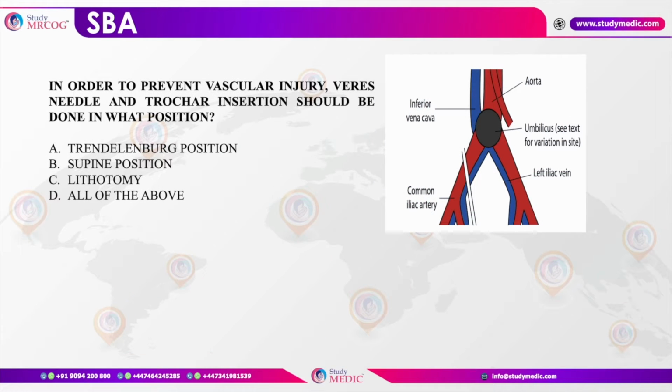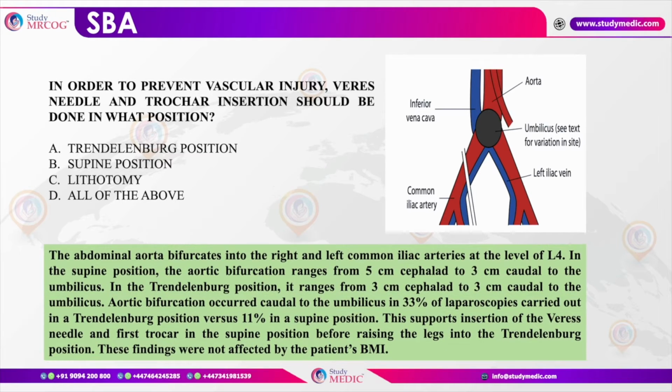Then, what should be the position of the patient while you are inserting the ports? So ideally, it should be supine position. And why is it so? Because the abdominal aorta bifurcates into the right and the left common iliac arteries at the level of L4. And in supine position, the aortic bifurcation ranges from 5 cm cephalad to 3 cm caudal to the umbilicus. And in the Trendelenburg position, it ranges from 3 cm cephalad to 3 cm caudal.